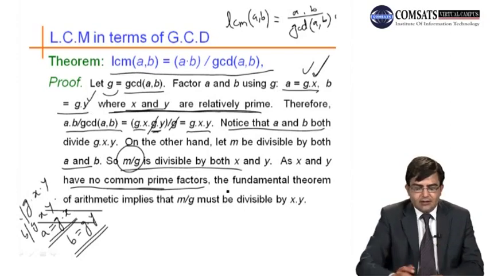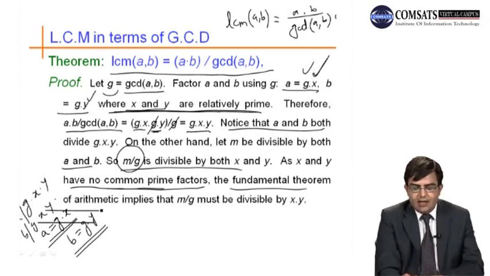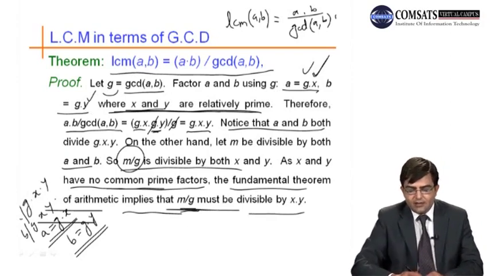Then by the fundamental theorem of arithmetic, M by G must be divisible by X into Y, because M by G is divisible by X and by Y.